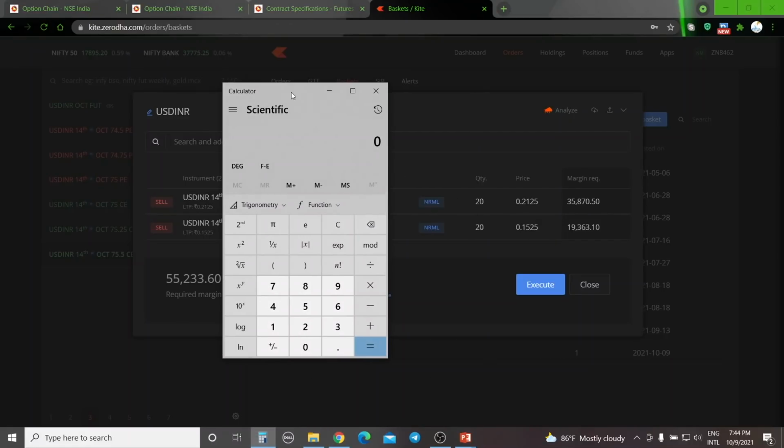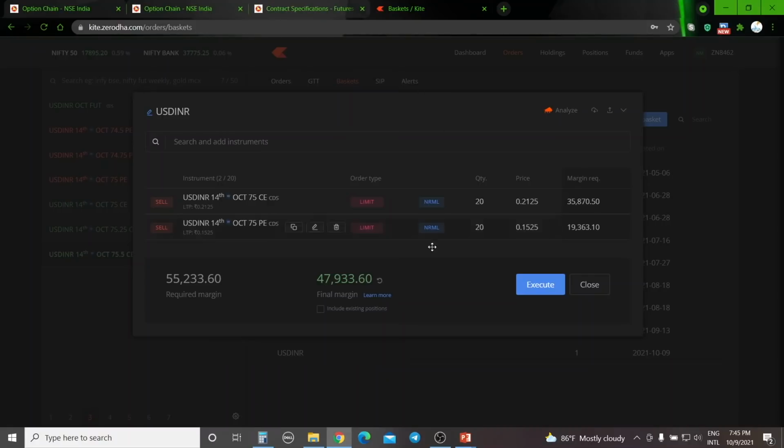You are selling 20 lots. 1,000 is your USD quantity. Multiply by 0.2125. So you'll be collecting 4,250, plus 1,000 multiplied by 0.1525. So in total you will be collecting 7,300 rupees on a margin paid of 48,000 rupees only.